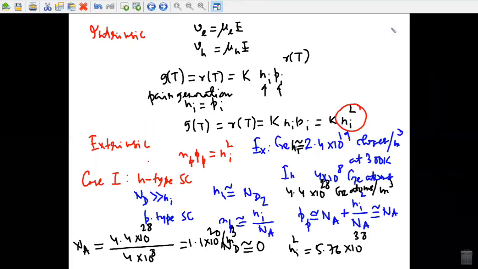Having said the mechanism of the extrinsic semiconductors, let us discuss the free charge concentration in semiconductors and what happens for the intrinsic semiconductors. As we know, in semiconductors the magnitude of the energy gap, that is Eg, is very small.